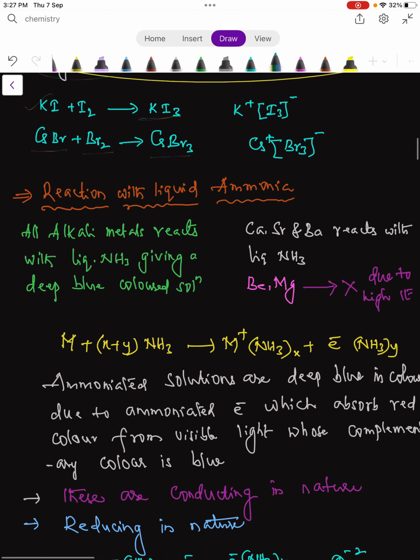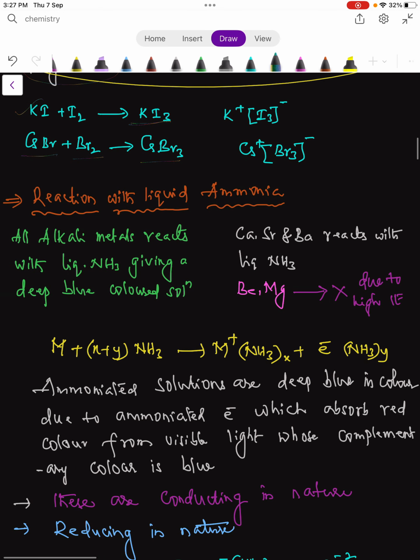And a very important reaction is the reaction with liquid ammonia. All the alkali metals react with liquid ammonia, giving a deep blue color solution, right? Here calcium, strontium, barium react with liquid ammonia, whereas beryllium and magnesium, means the first 2 elements in the 2A group, are not reacting with ammonia.